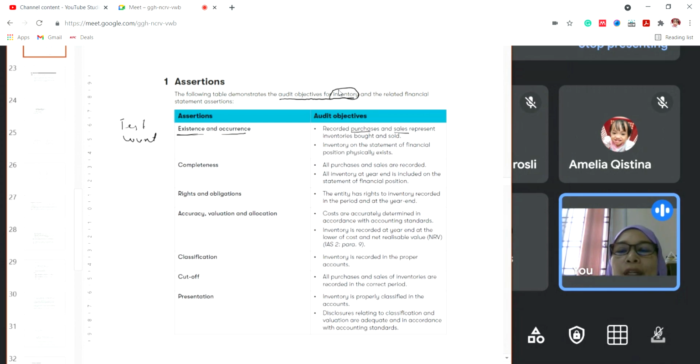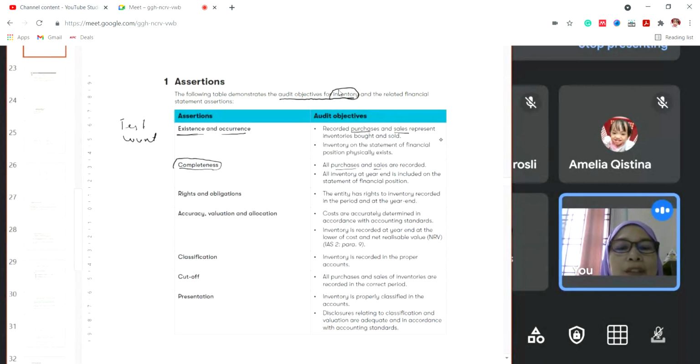For completeness, normally we look at whether all the transactions are properly recorded, completely recorded. So you look at the purchase and sales items themselves, because this is more related to transactions. And for inventory at year end, you must check that it is included in the financial position.